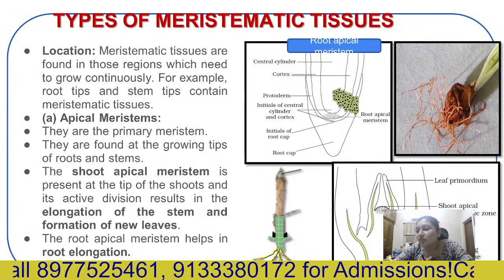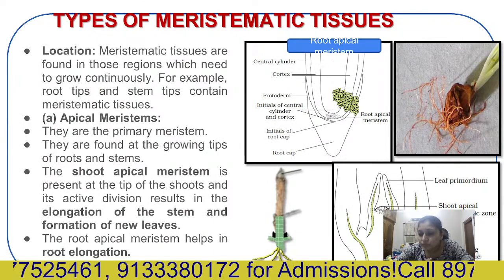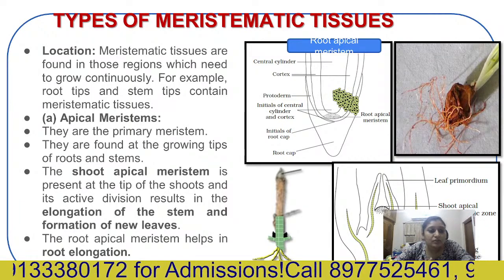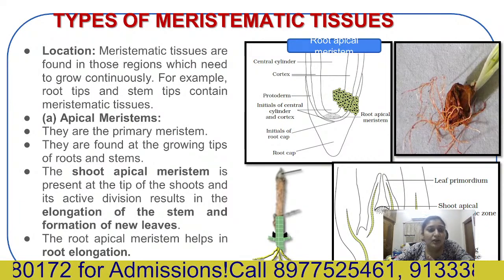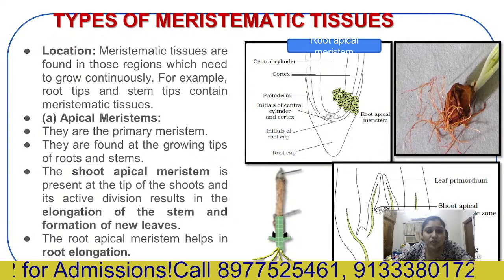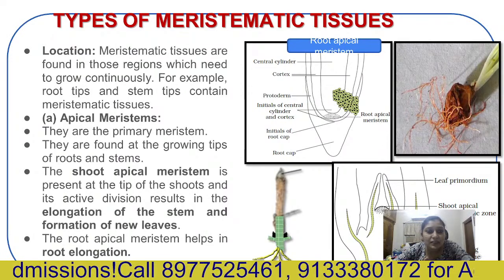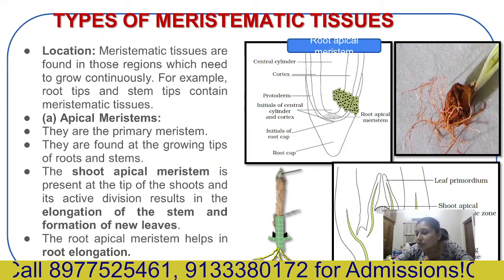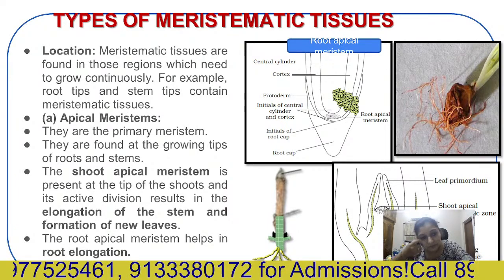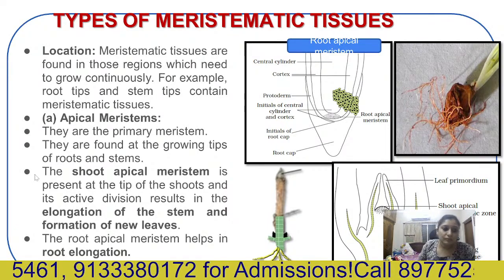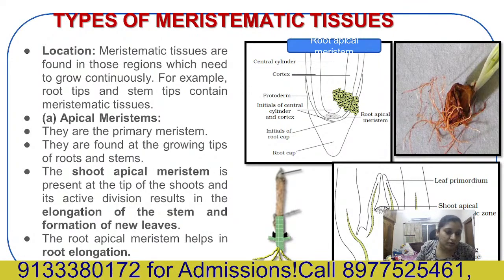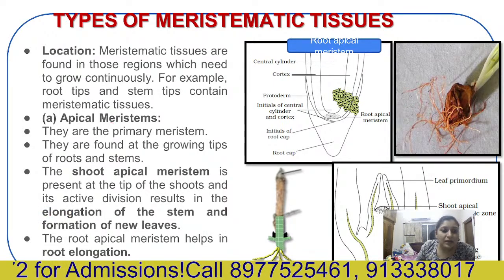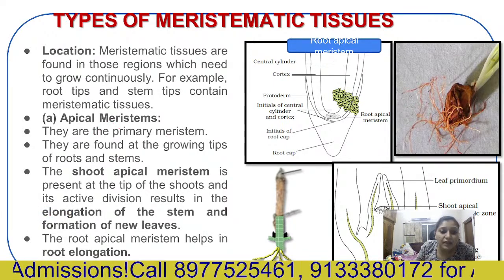Now, types of meristematic tissue. On the basis of location, meristematic tissue is divided into three types. You know that: apical, intercalary, and lateral. Apical meristems are primary meristems.